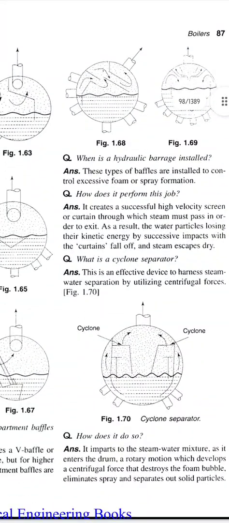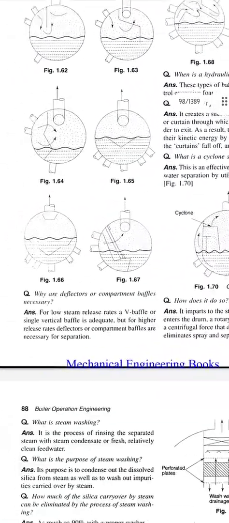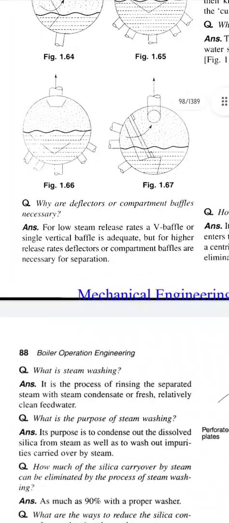So the next question: why are the deflectors or compartment baffles necessary? Answer: for low steam release rates, a V baffle or single vertical baffle is adequate. But for higher release rates, deflectors or compartment baffles are necessary for separation.